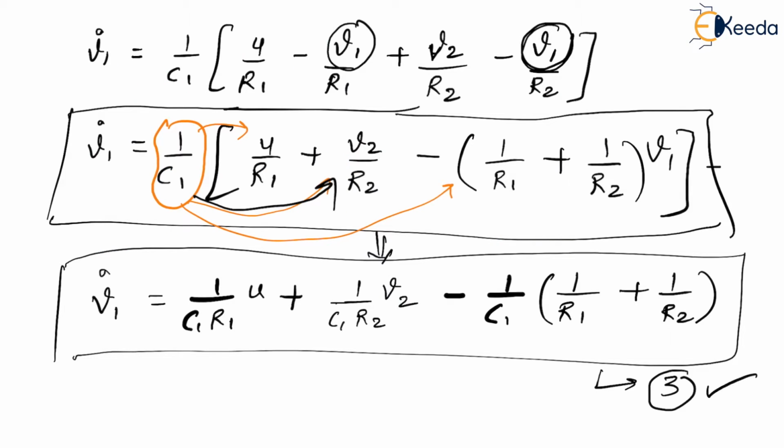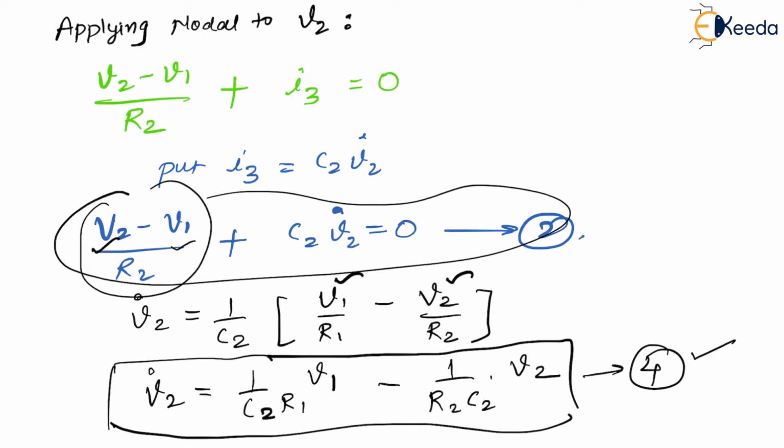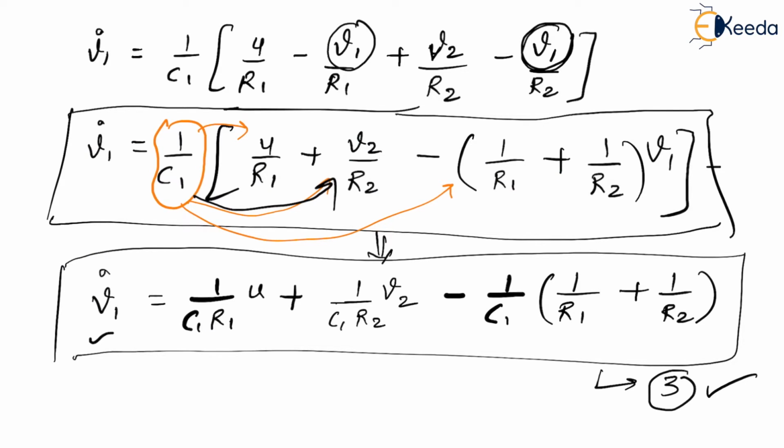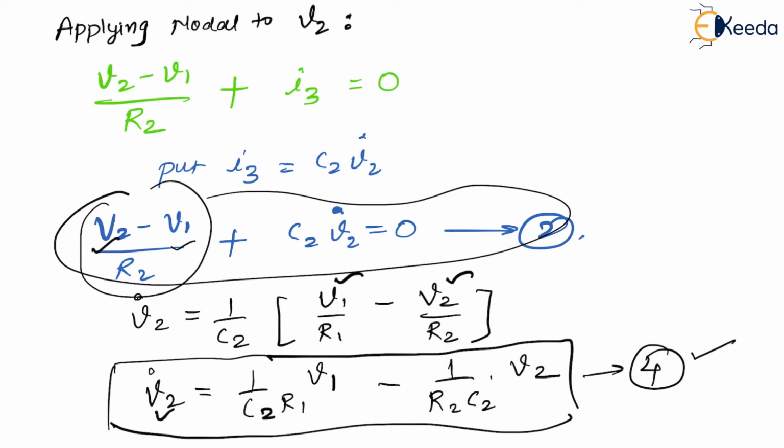So now I've got equation 3 and equation 4. Now let us combine 3 and 4 and see what we get. We have only got the equations for V1 and V2, so let us try to understand what the equation for the output Y will be.